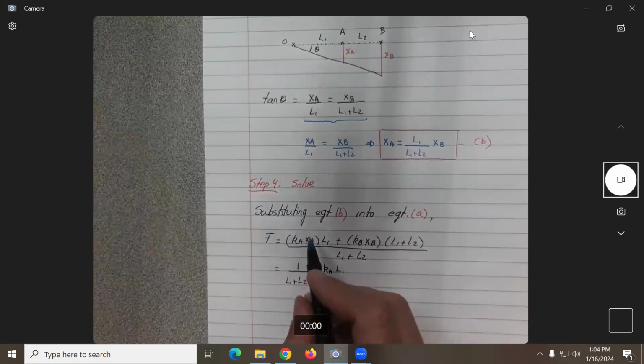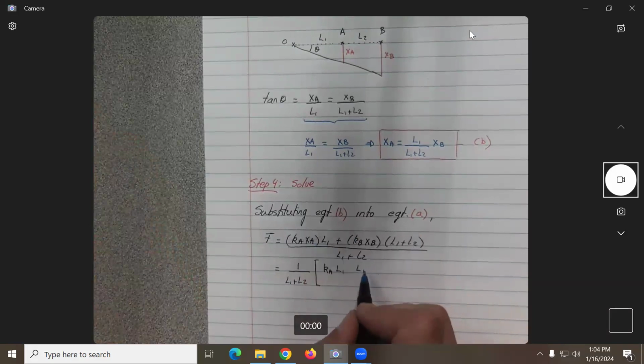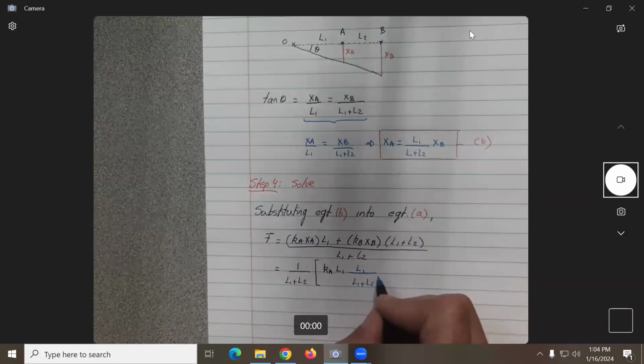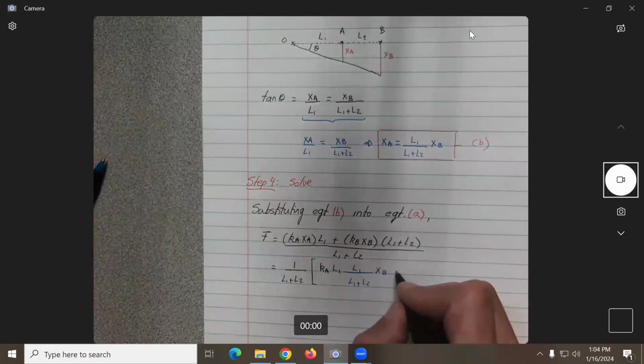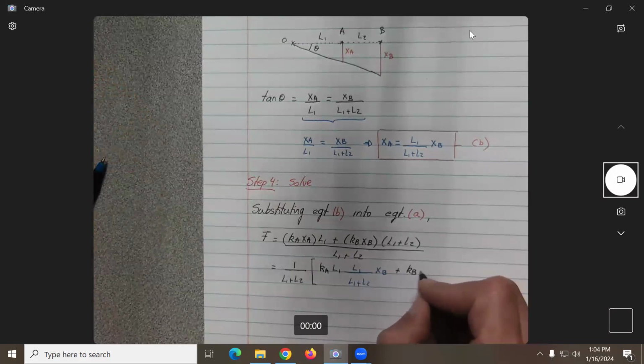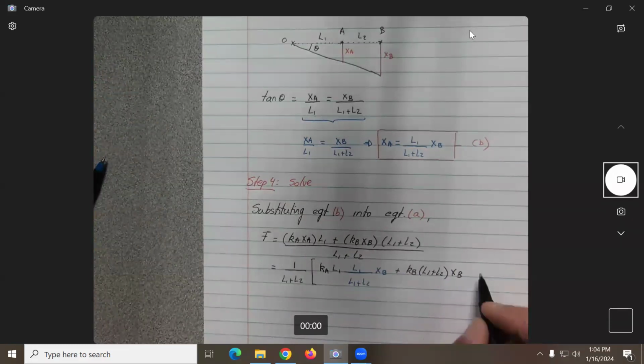And what is X sub A? X sub A we know will be equal to L1 over L1 plus L2 X sub B, plus K B times L1 plus L2 X sub B.